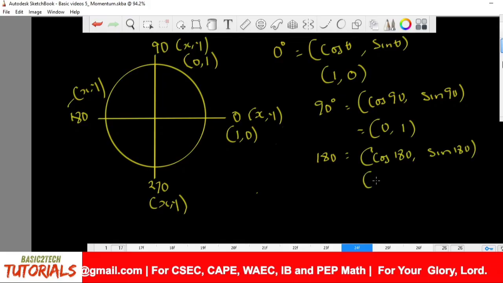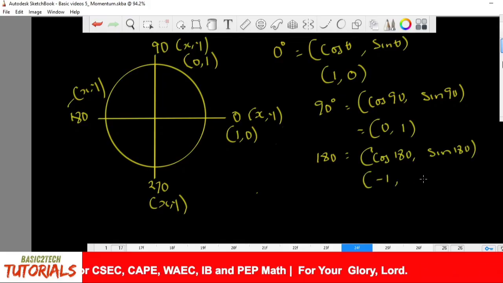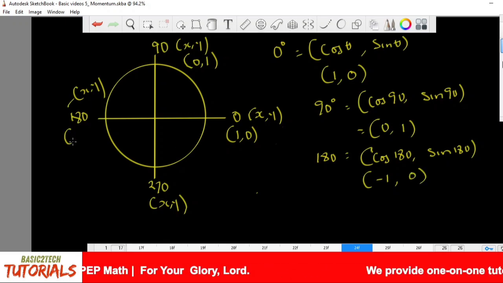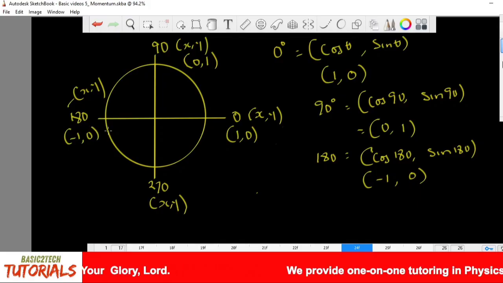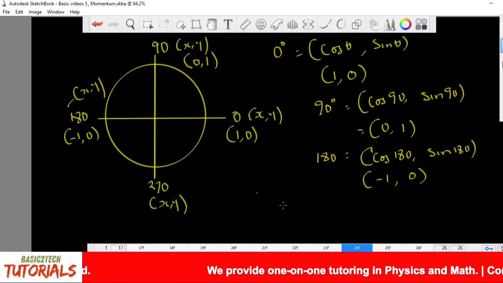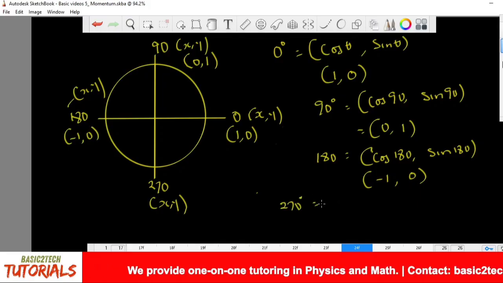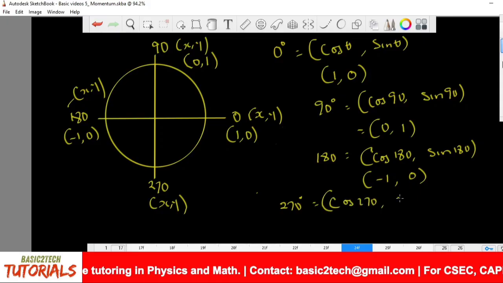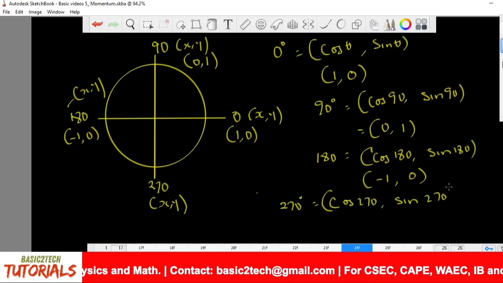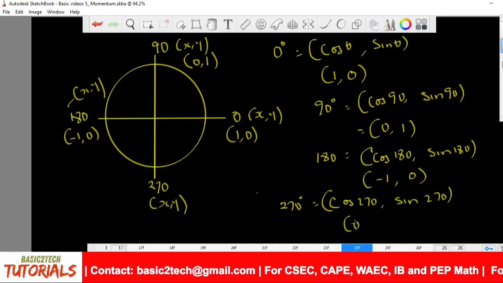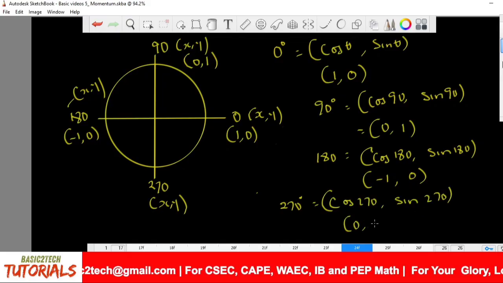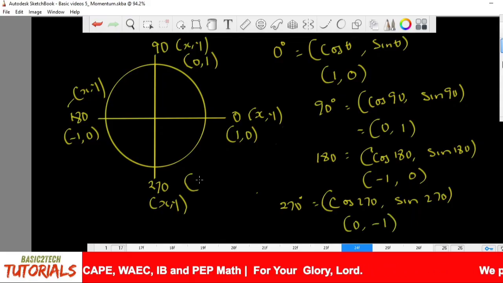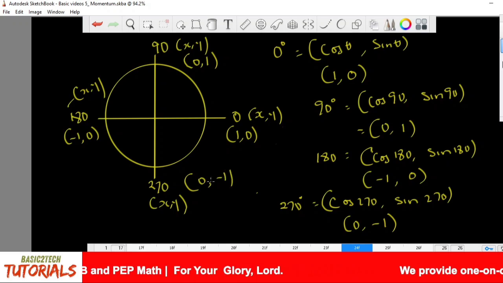Cos 180 is minus 1 and sine 180 is 0. So at angle 180, the coordinates are (-1, 0). Next, at 270 degrees, we have cos 270 and sine 270. Cos 270 will give us 0, while sine 270 will give us negative 1. So at 270, the coordinates we have are (0, -1).